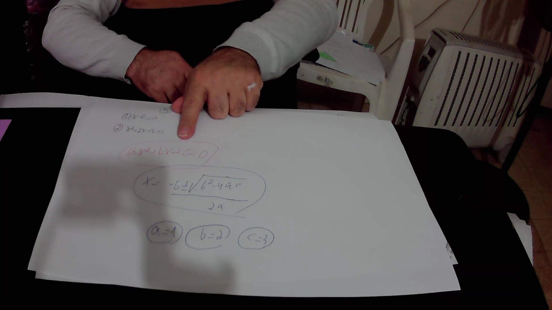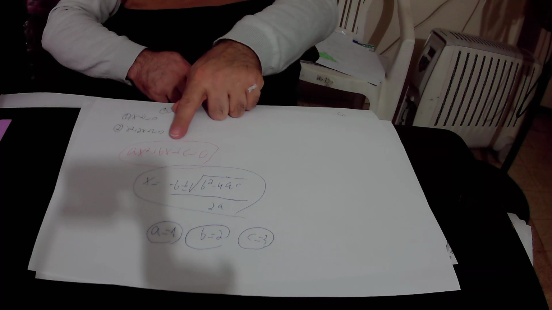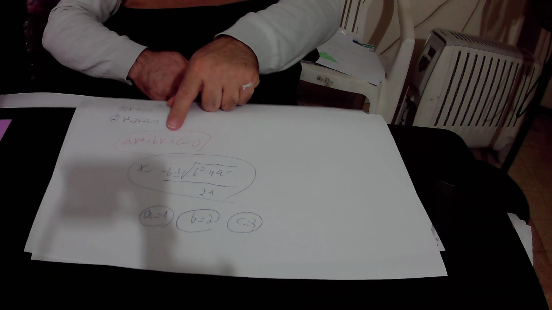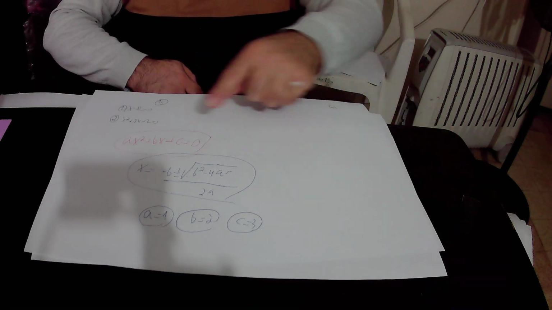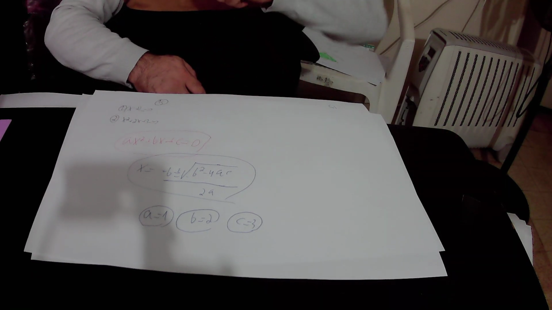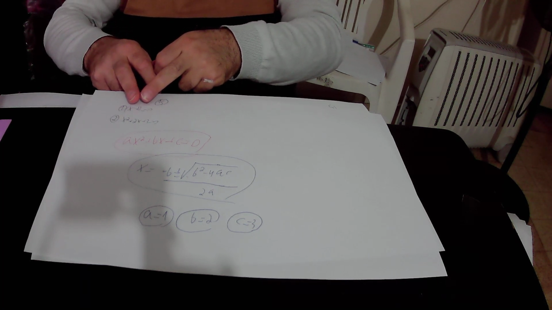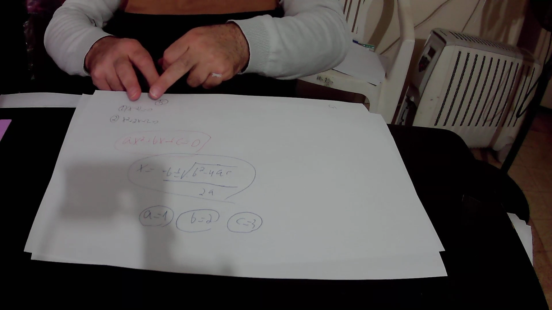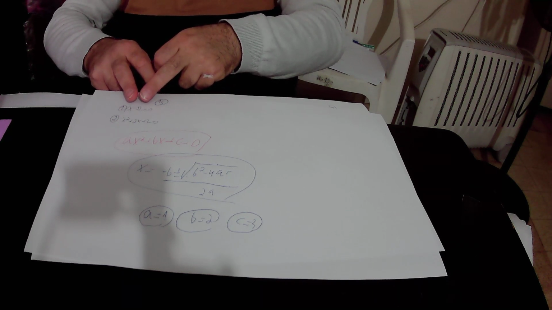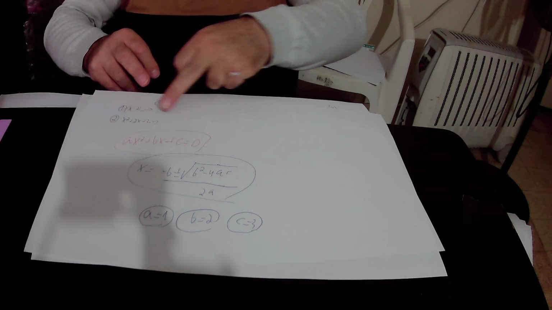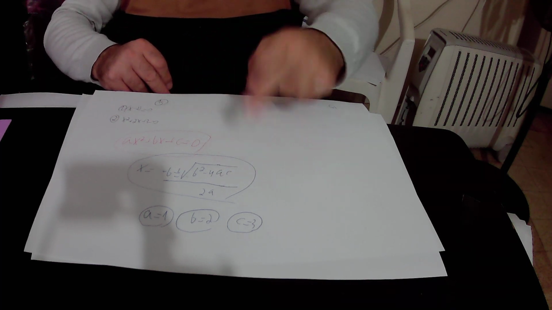In this general quadratic equation, a, b, and c are the coefficients, and x is the variable that we are looking for, and we will find the value of x according to this special formula. So in our specific quadratic equation, x squared plus 2x plus 3, the coefficients are as follows: a equals to 1, b equals to 2, and c equals to 3.